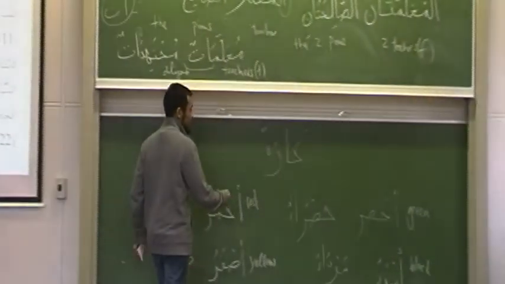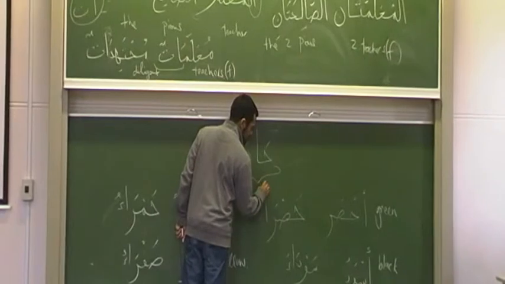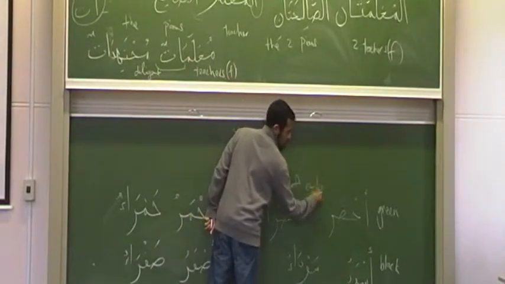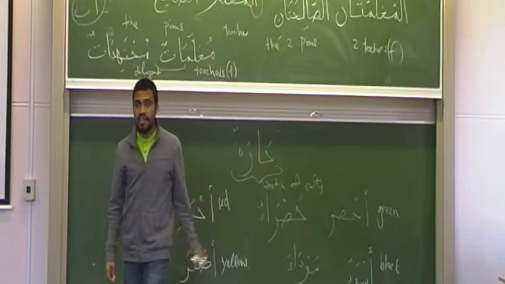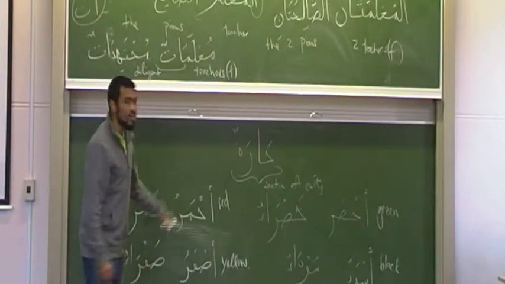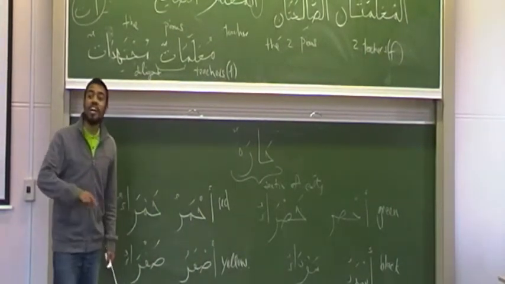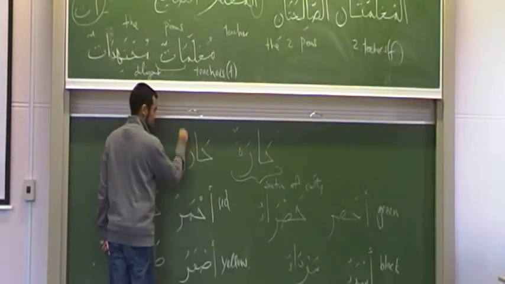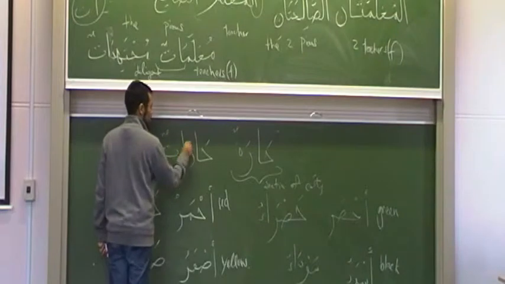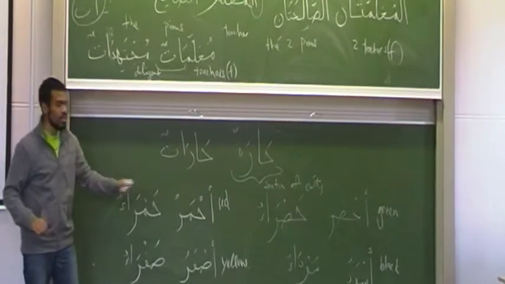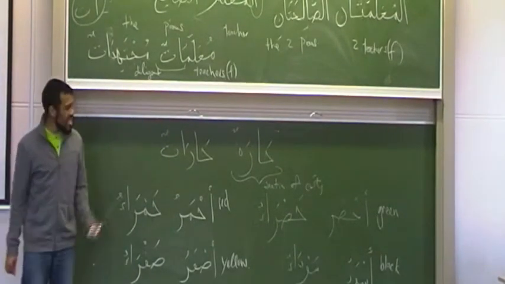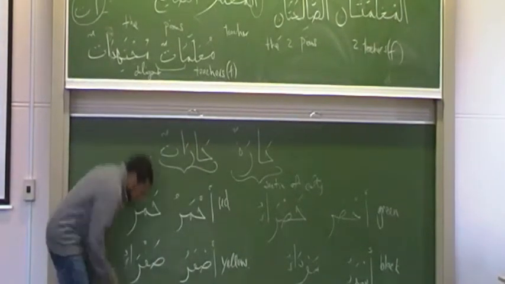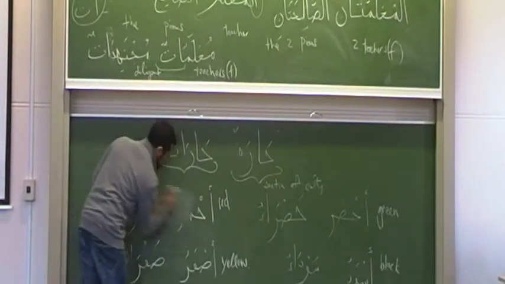Okay, Haratun is singular for a place or a section of a city. Are you with me? Section of a city. But Haratun, the plural is Haratun. So you can see that Hara is a sound feminine plural. That's a feminine word with a sound feminine plural. Now let's quickly list the attributes of Harat. What can you tell me about Harat?